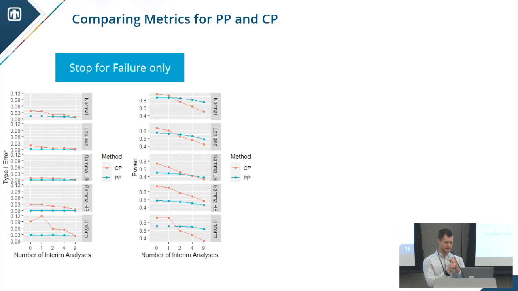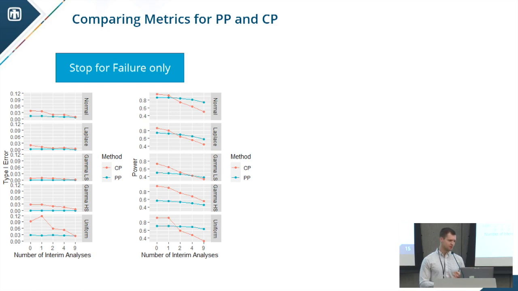That is, to declare that I will not reject the null hypothesis. Each row corresponds to a different true data generating distribution. The first one is normal, where I'm assuming the data is normal and I actually simulate from a normal. Then a couple other distributions: a Laplace, 2 different gammas, so I have some skewed, and a uniform.